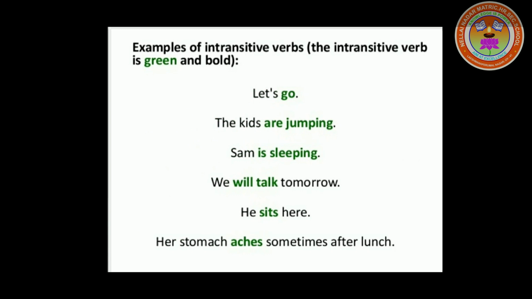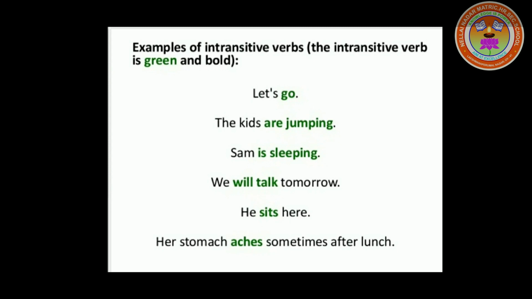Okay. Next, examples of intransitive verbs. The intransitive verb is green and bold. So whatever you see in green, they are all intransitive verbs. Let's go. The kids are jumping. Sam is sleeping. We will talk tomorrow.